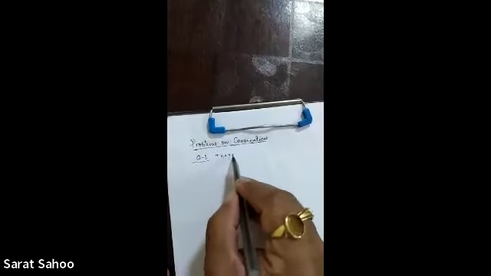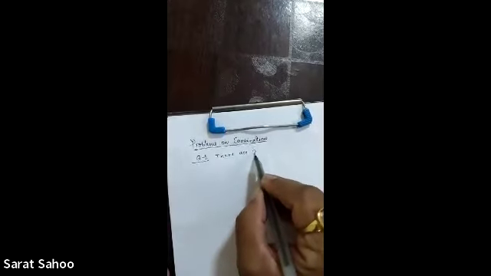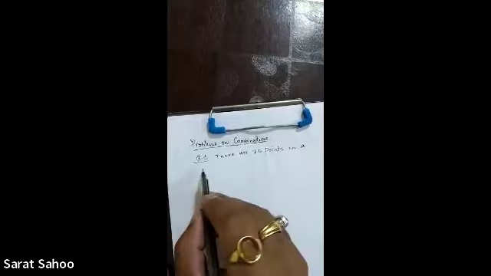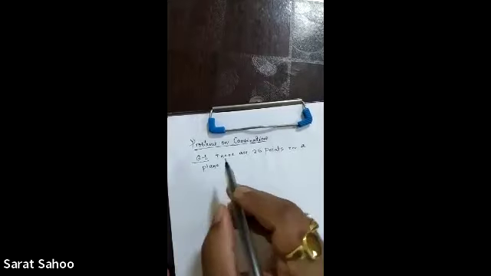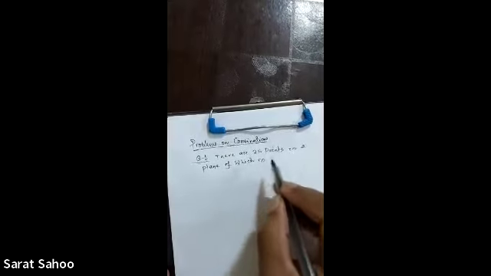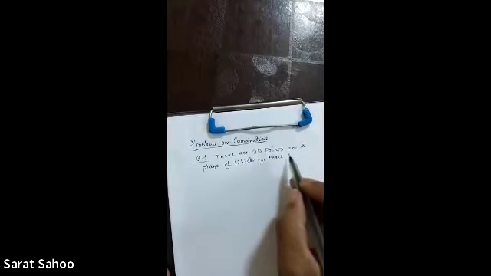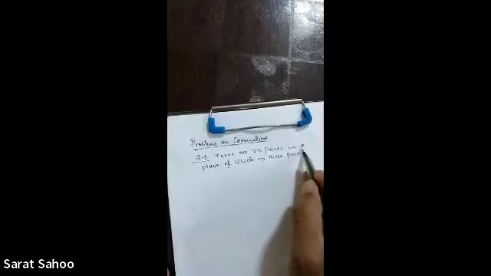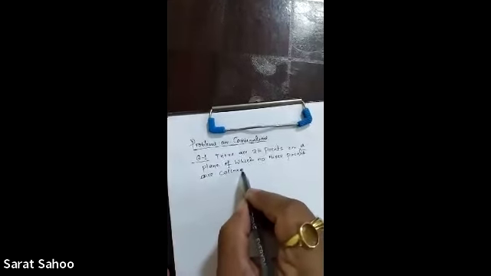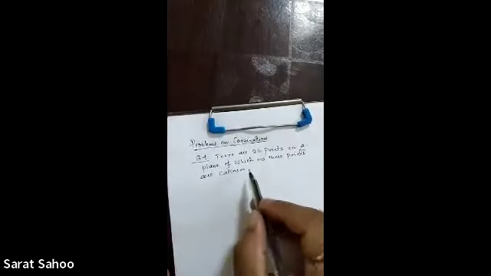Question number 1. There are 25 points in a plane of which no 3 points are collinear.